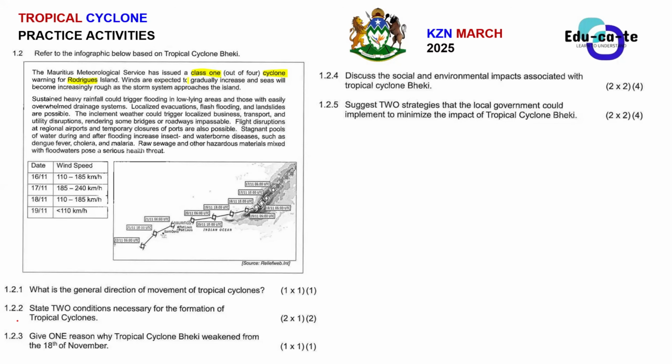The winds are expected to gradually increase, and the seas will become increasingly rough as the storm system approaches the island. So it means that there are storm surges, meaning that the water from the sea is rising and pouring out and rising and pouring out.